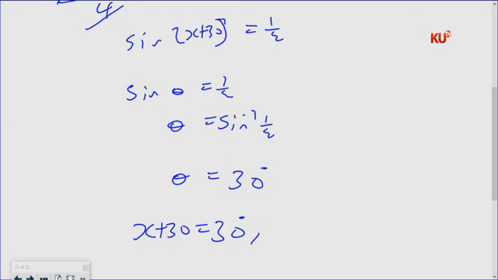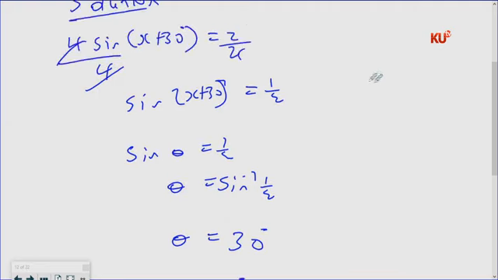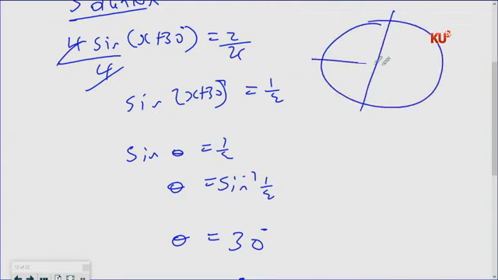How do you get the next angle? To get the next angle, you'll get back to the unit circle. Here we have the x-axis and the y-axis. You remember, all students take chemistry. This is the first quadrant, the second quadrant, the third quadrant, and finally the fourth quadrant.